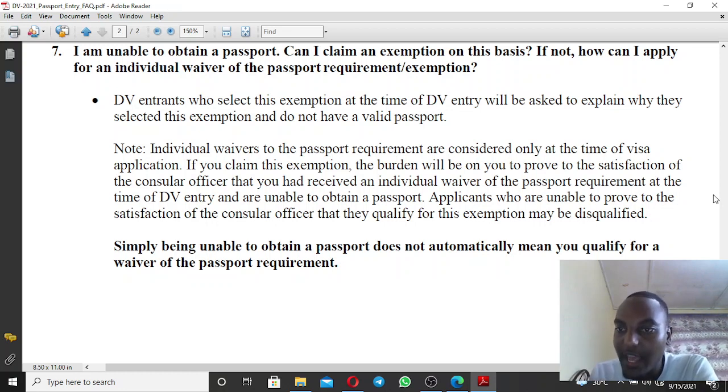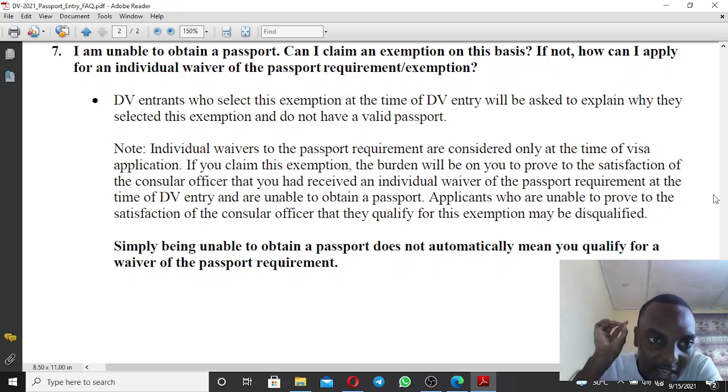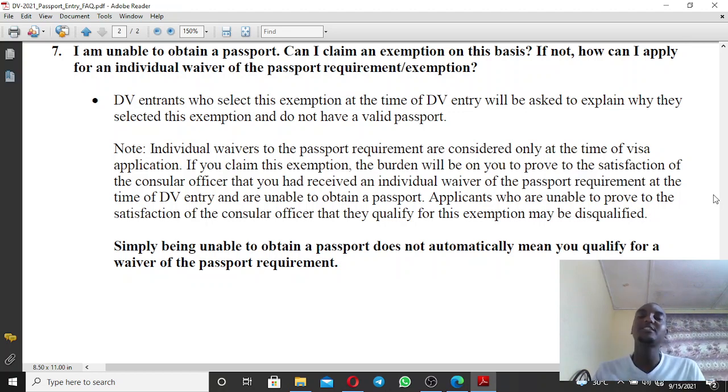Applicants who are unable to prove to the satisfaction of the consular officer that they qualify for this exemption may be disqualified. Simply, being unable to obtain a passport does not automatically mean you qualify for a waiver of the passport requirement.